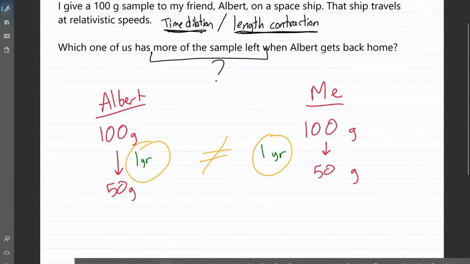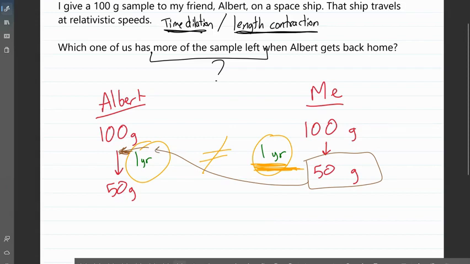So by the time that I see 1 year, by the time I see 50 grams, Albert might be at maybe 80 grams, because when I've experienced a year, maybe Albert's experienced 3 months. Time passes more quickly for me than it does for him. So this tells me that when I'm at 50 grams, Albert is still at 80 or 90 grams.